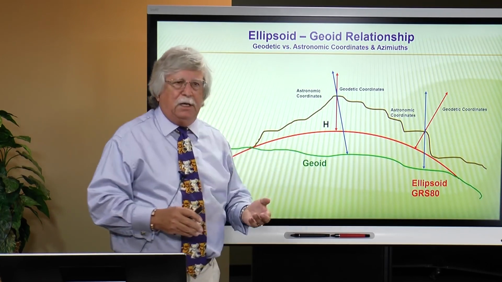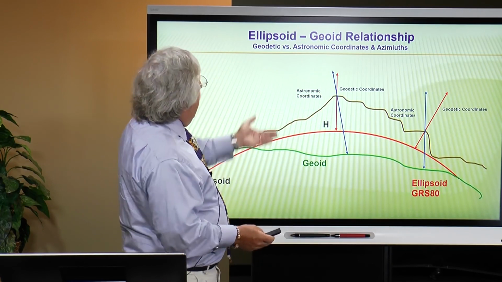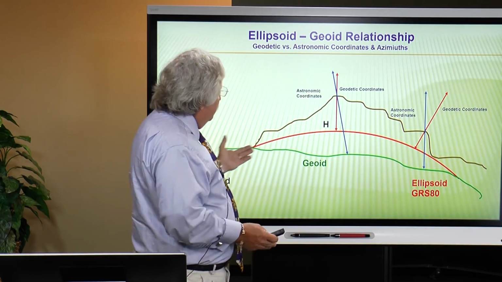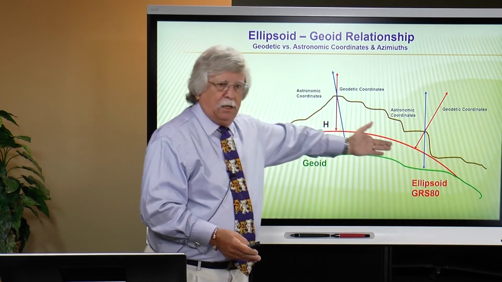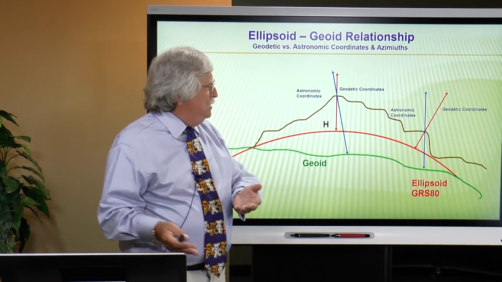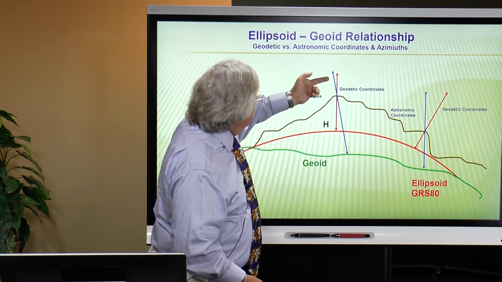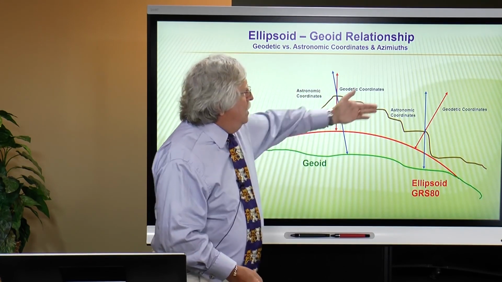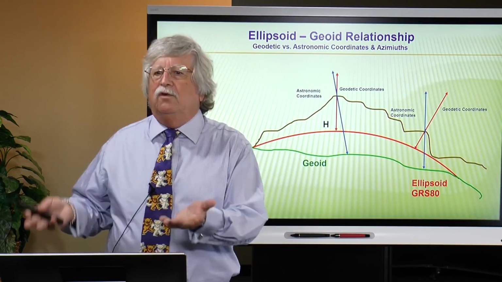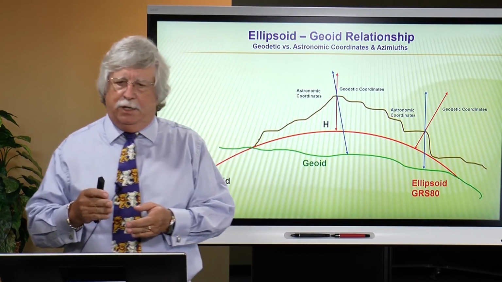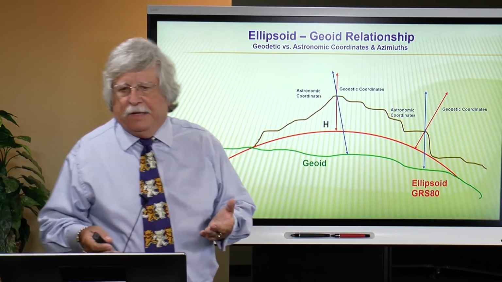So the image that you're seeing here is, in the case of a direction or an azimuth, I want my azimuth to be defined along or in conjunction with the reference ellipsoid, the red line, but I'm making my measurements with a tool that is leveled to the geoid. So there's an angular difference, a deflection of the vertical. And here you see it purely as a two-dimensional thing. There's actually a north-south deflection and an east-west deflection, and they have important roles to play in this process.